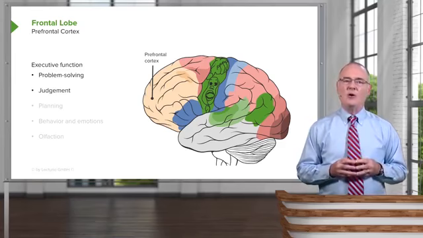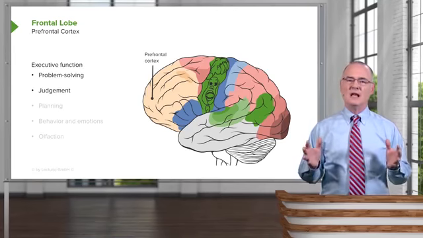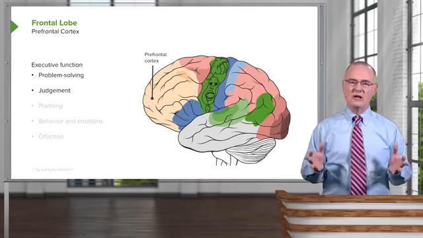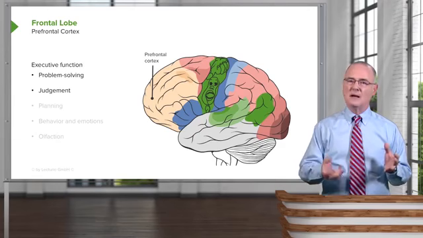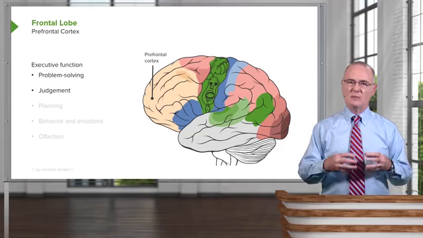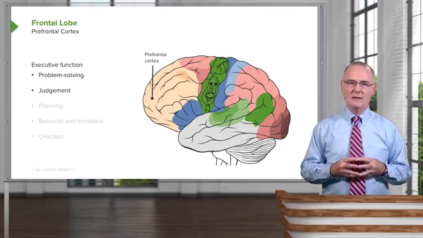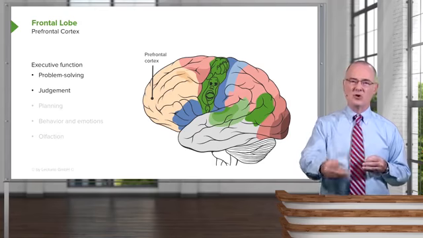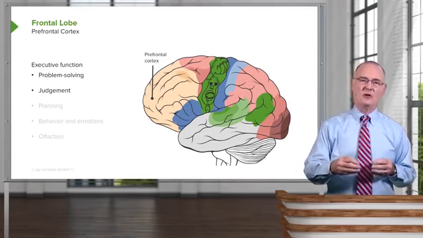It's also involved in making day-to-day multiple judgments. Many times we make very good judgments or decisions, and these judgments, as we mature, tend to make us make the right choice or the right decision.